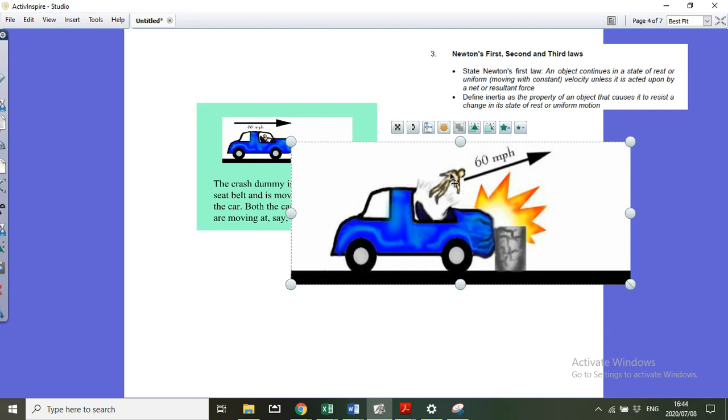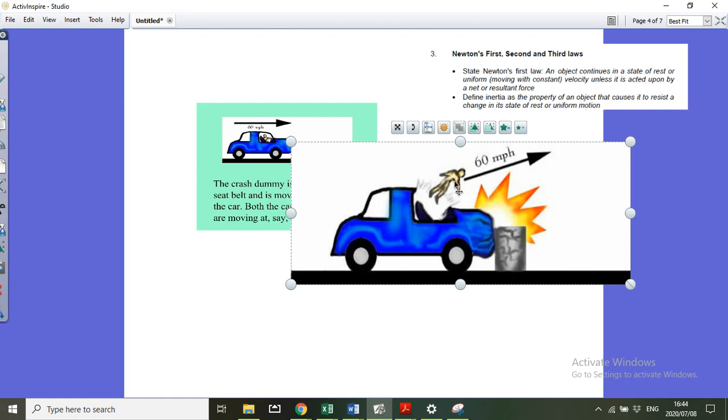And also be careful, if the question says use Newton's first law, it's a first law of motion. You need to talk about the velocity, not about the inertia, because inertia is a property of that dummy. So if you look at the second definition there, inertia is a property of an object.